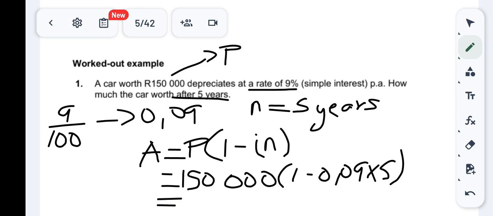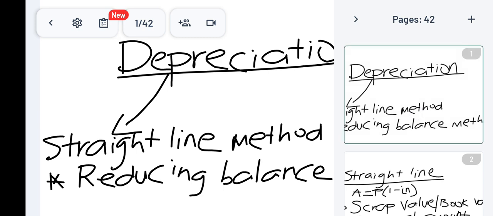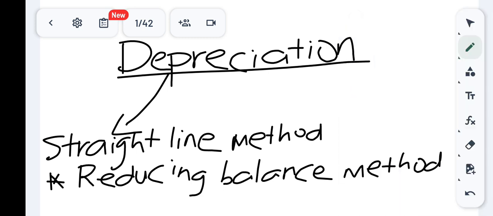This is equal to 82,500. Can you see the value of A is less than our initial amount? Correct. So this is depreciation. Two types of depreciation: the straight line method and the reducing balance method.